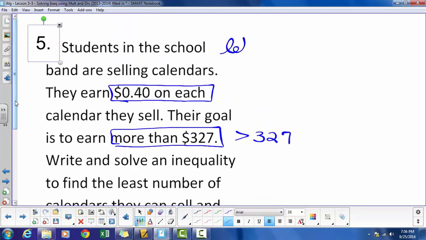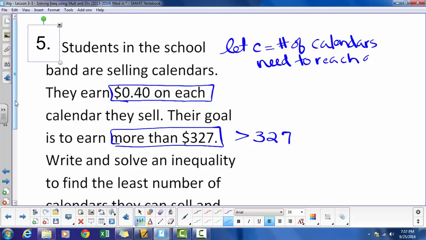So I'm going to let C equal the number of calendars needed to reach the goal. Okay. I make 40 cents on each calendar, and I need to sell enough that whatever I make is greater than $327. So I'm just going to divide both sides by 0.4.